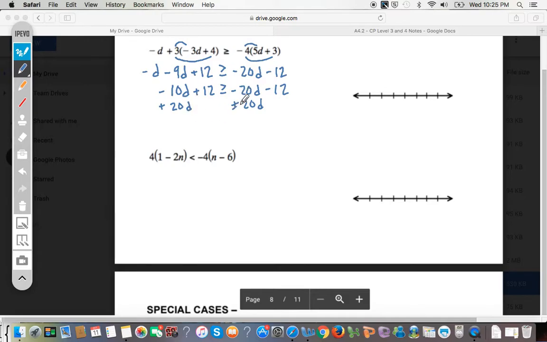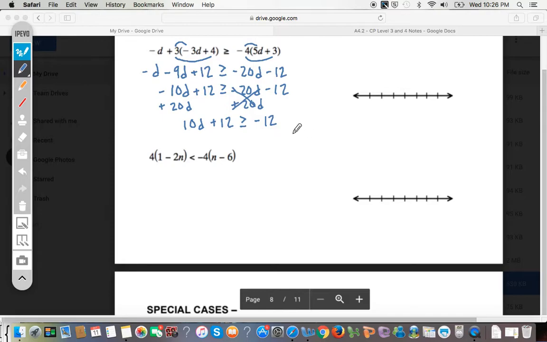Okay, so these will cancel. So I have negative 10d plus 20d. Well, that leaves me with a positive 10d plus 12 is greater than or equal to negative 12.